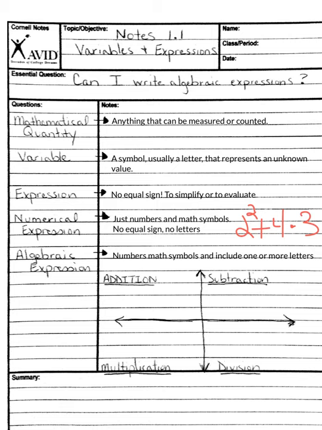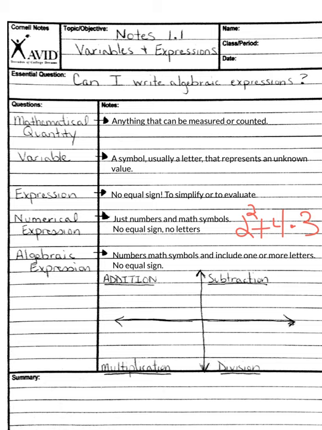And remember, those letters mean that it is an unknown value, with no equal sign again, because it is an expression. I'm going to delete this one if I can figure out how to delete it here. There we go. So numbers, math symbols, and include one or more letters, no equal sign for an algebraic expression.